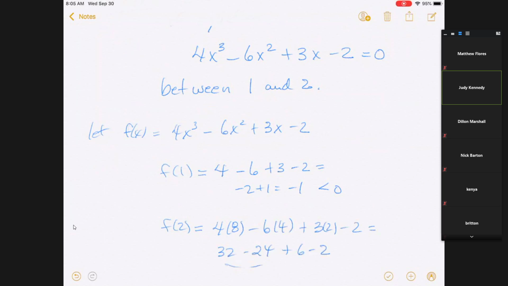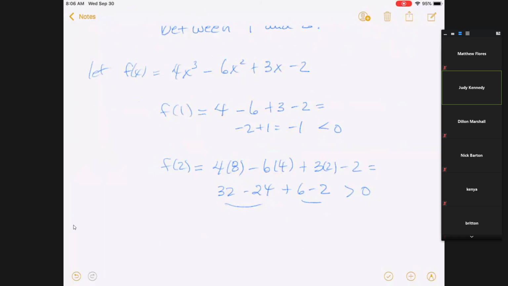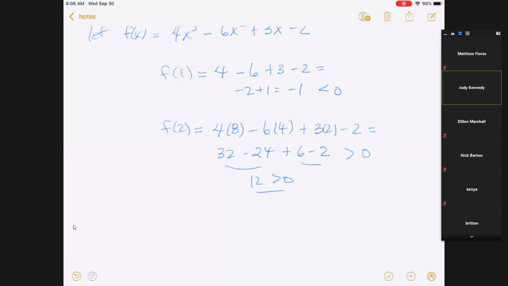That's 8 and that's 4, but really all I care about is the fact that it's positive. 8 plus 4 is 12. So picture: f of 1 is minus 1, that point's on the curve. f of 2 is plus 12, so I'll call that plus 12 right there.